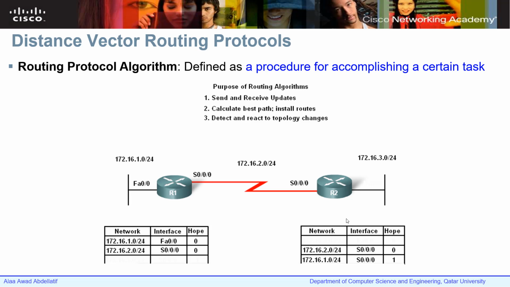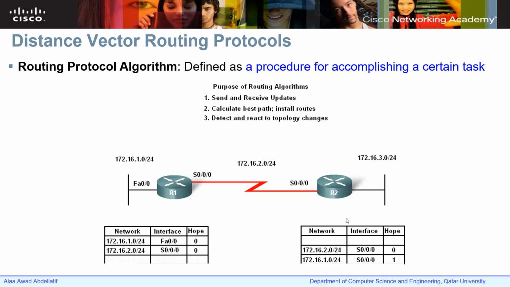Then after calculating the best path and after the network becomes stable, we need to detect and react to every change in the network. So if there is any change in the network, we have to detect this change and react. Reaction here means updating the routing table and updating the best paths if required. These are the three main functions of a routing algorithm.